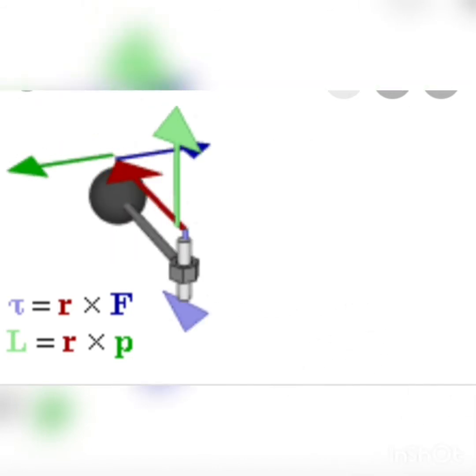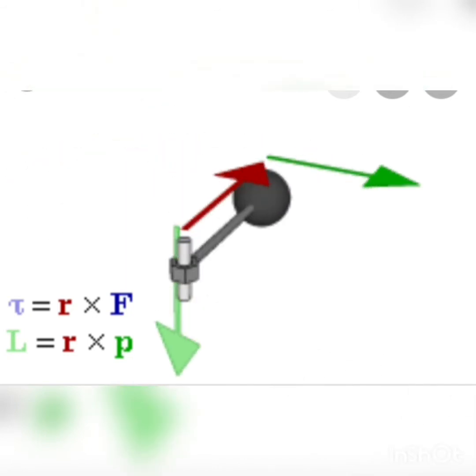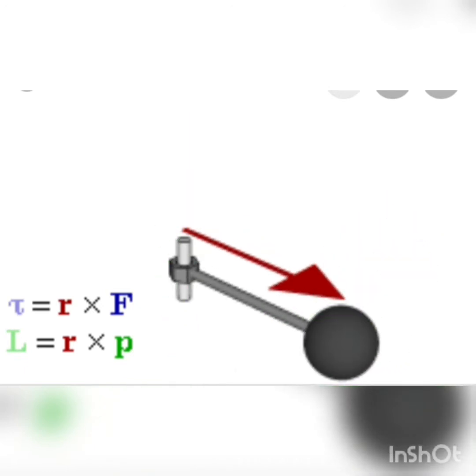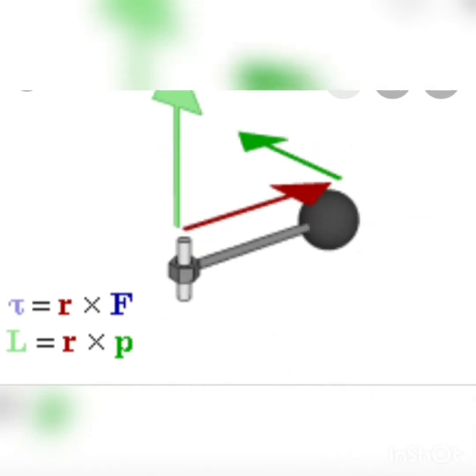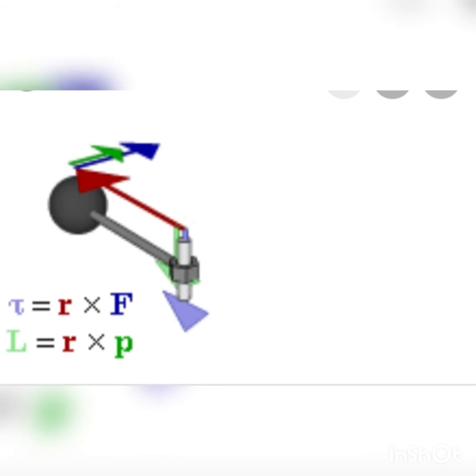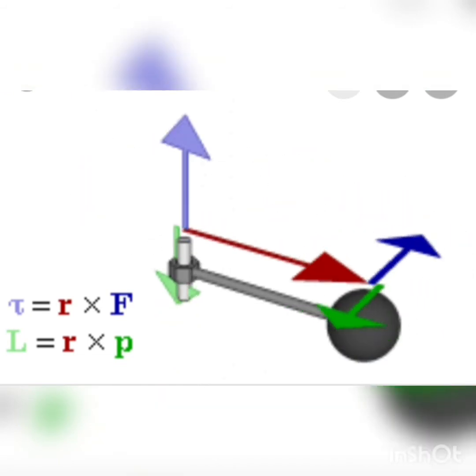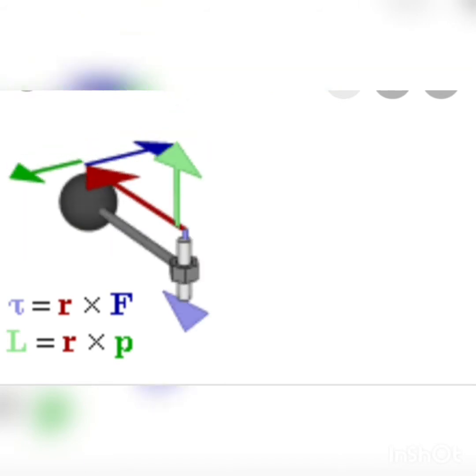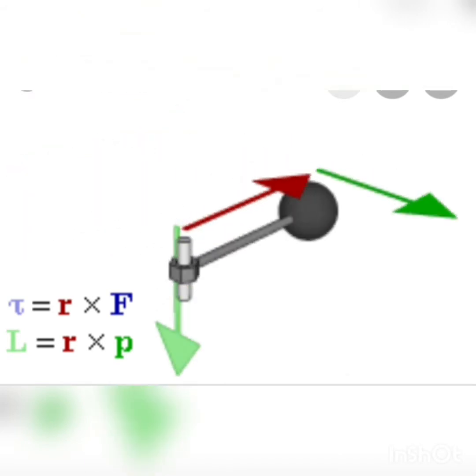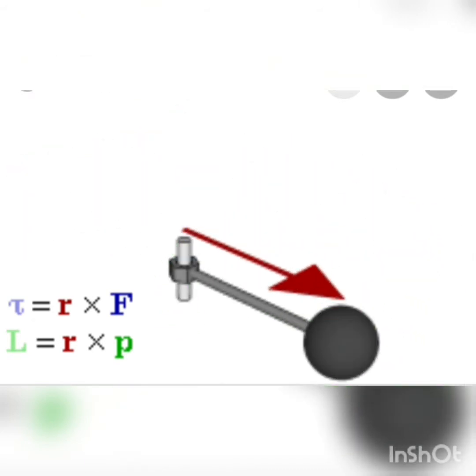The formula of torque is given by the product of the force, that is capital F. As you can see, the purple sign is the capital F here, and the shortest distance from the pivot to the point of application of the force.